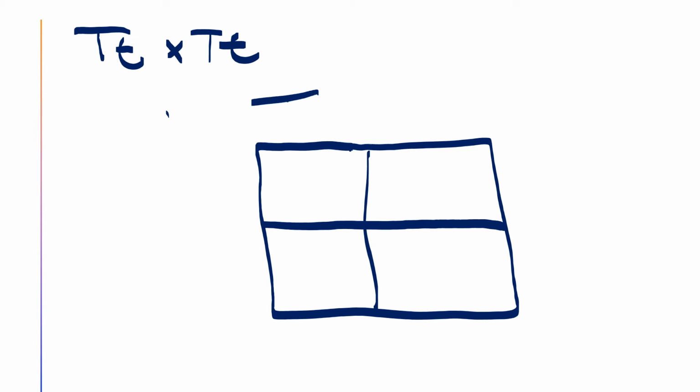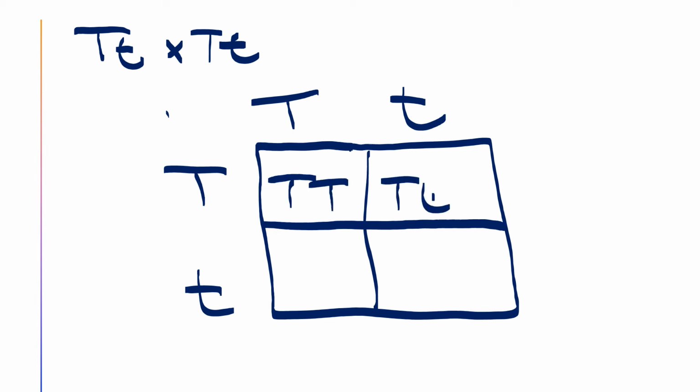So one egg gets the big T, and one egg gets the little t. And the same thing happens with the sperm. One gets the big T, and one gets the little t. Now remember, this one square represents one kid, so we're looking to see the possibilities of what this child might be like. And you just go in, so big T, big T, big T, little t, big T, little t, little t, little t.